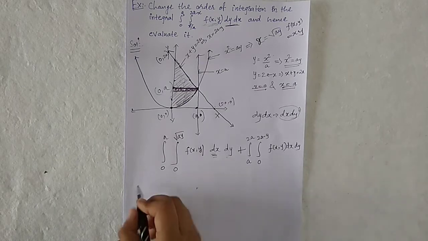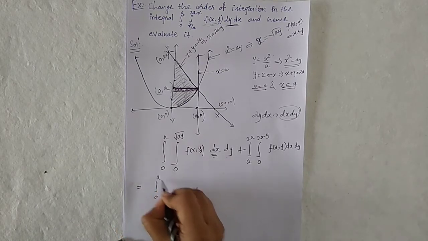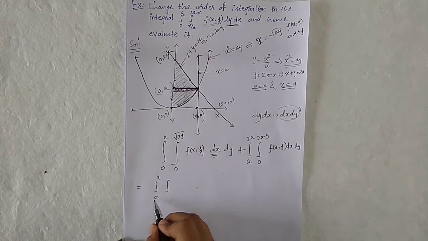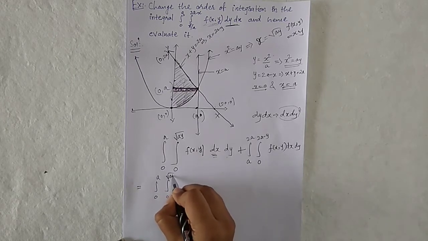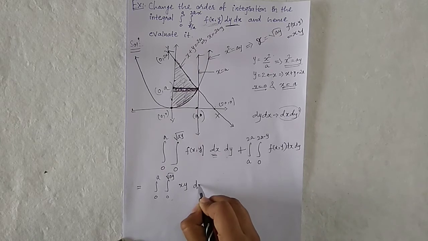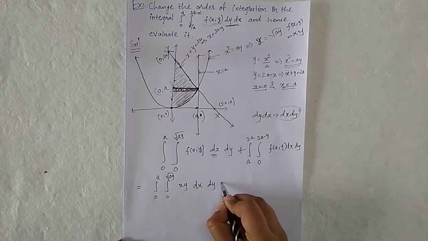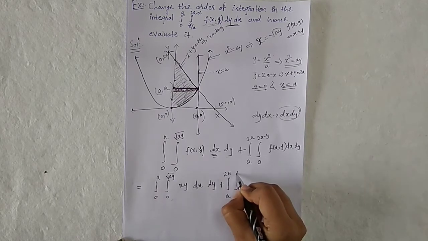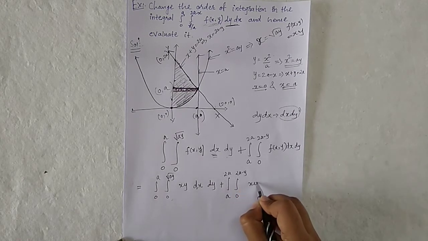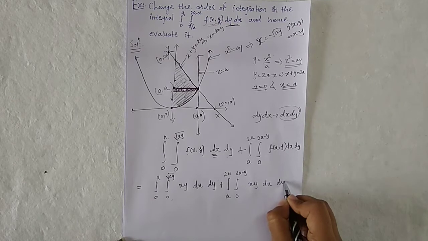So it is equal to the integral from 0 to a, with the limit 0 to square root of ay, of xy dx dy, plus the integral from a to 2a, with limit 0 to 2a minus y, of xy dx dy.